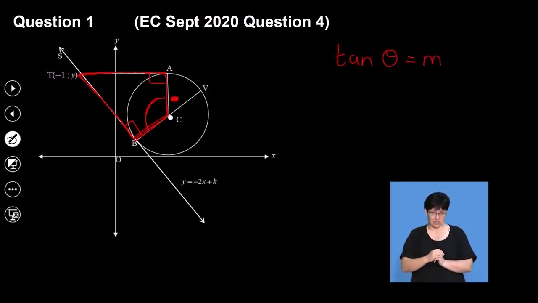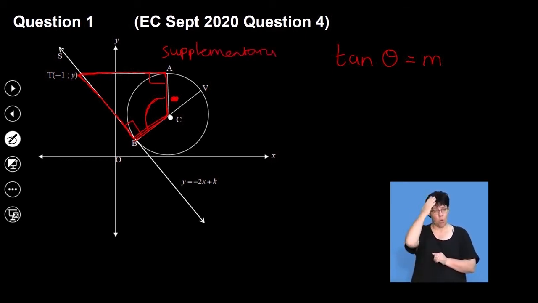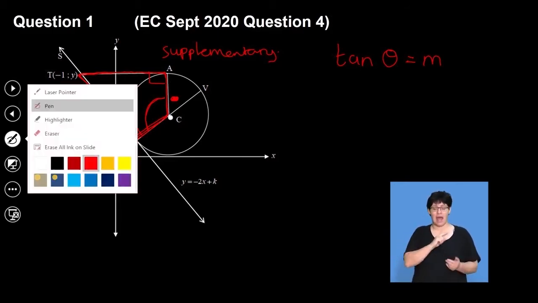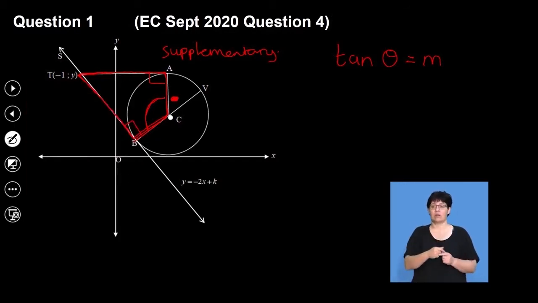And of course, when we have a quadrilateral that has an opposite pair of angles being supplementary, or adding up to 180 degrees, we know that the quadrilateral is cyclic. The reason that's useful is because the exterior angle of a cyclic quadrilateral, which is this angle over here, is always equal to the opposite interior angle.